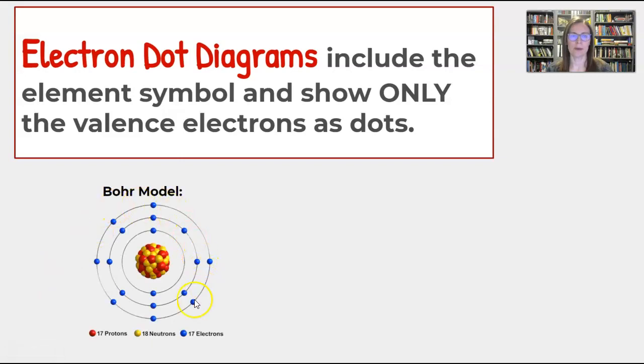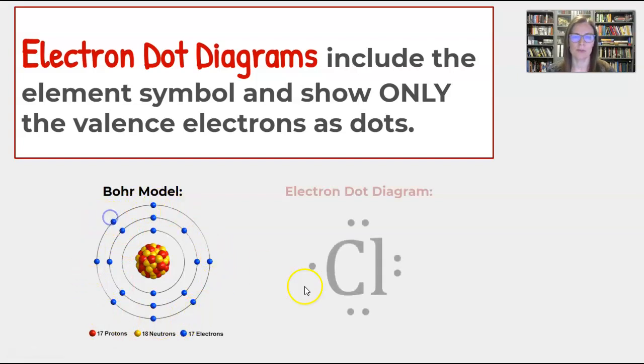All right, so here's a Bohr model. This would be 17, so this is chlorine, okay? For the dot diagram, we would only include the element symbol and then the 7 electrons that are in the outside energy level.